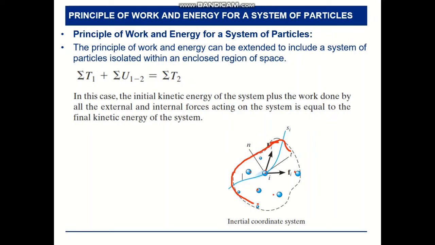If this system has a total kinetic energy T1 plus the internal energy change U12, the total change is the end state of the system. Or you can take each particle's kinetic energy, which is hard if we have too many particles; it is going to be hard to calculate.